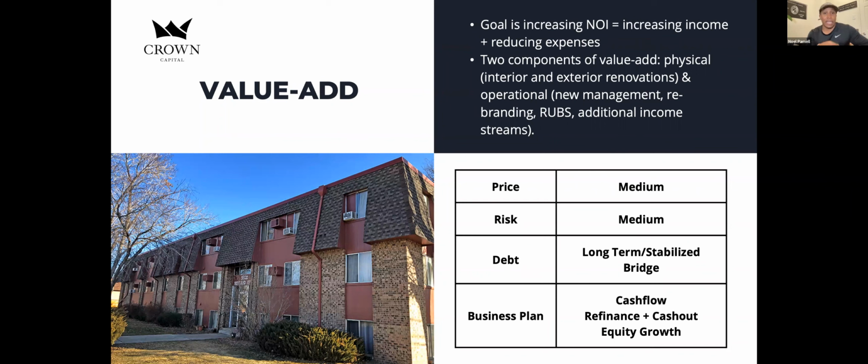So you will see a lot more properties if you're on brokers lists and things of that nature. You'll start seeing a lot more properties being offered right now, just because people simply can't. The cost of money is just too much. So without that rate cap, they were not protected. And so now rates are extremely high for them.